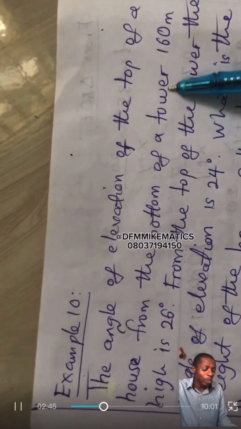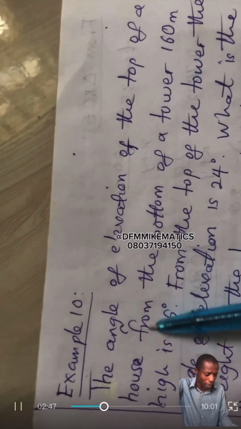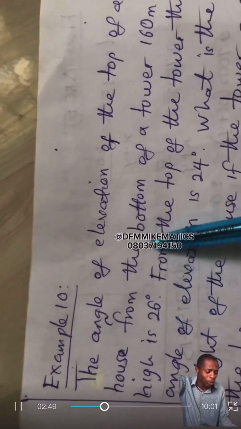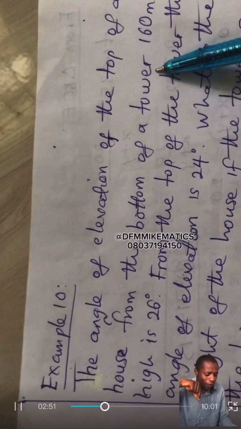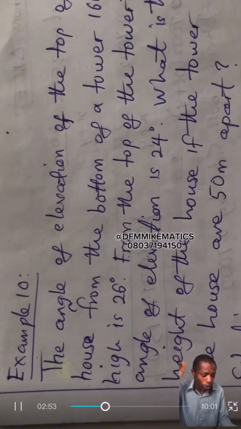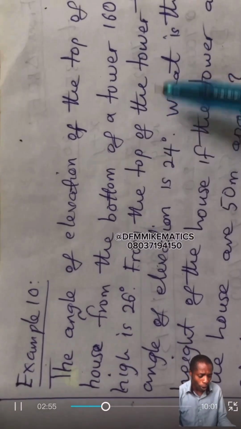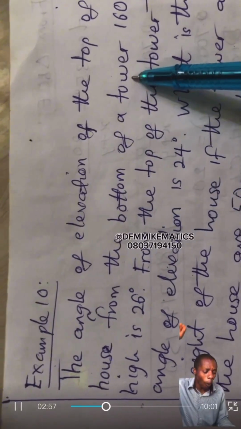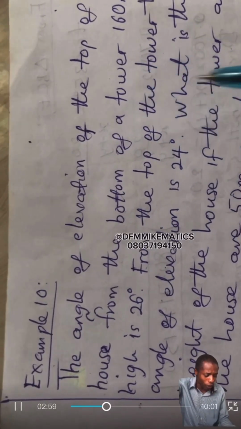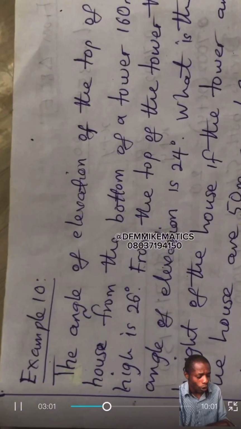So the observer is at the bottom of the tower and is looking up at the top of the house. That is one, and it gives us the angle of elevation.